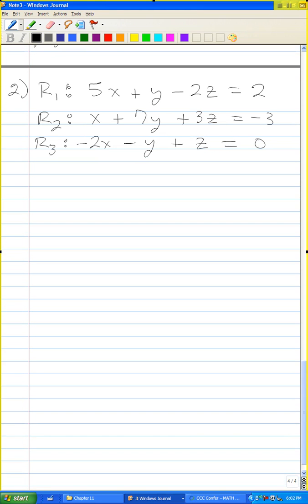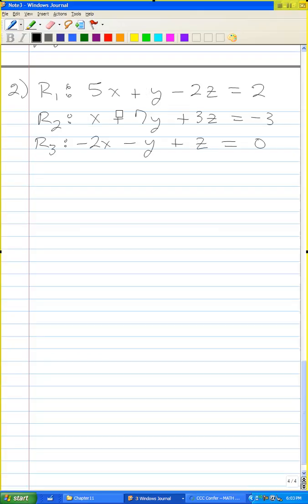Okay, so the first thing you have to determine is what variable you want to keep and which ones you want to eliminate. So I should see what variables have 1s in front of them. I want to keep those. Well, actually, this has got a 1, that has a 1, and this has a 1. So it doesn't matter. I could either keep x, y, or z because they all have 1s in front of them.